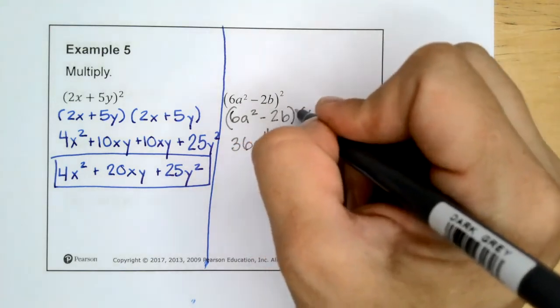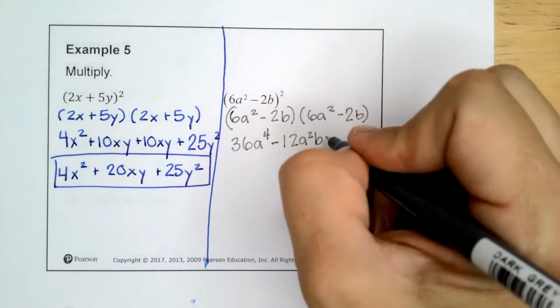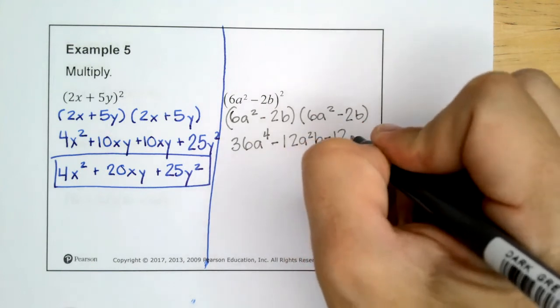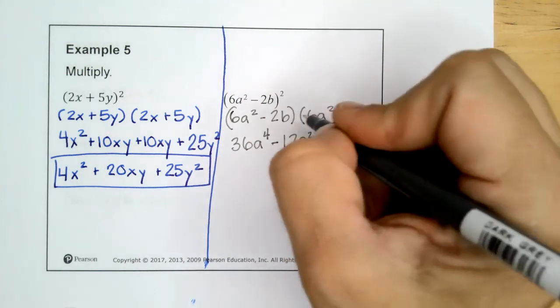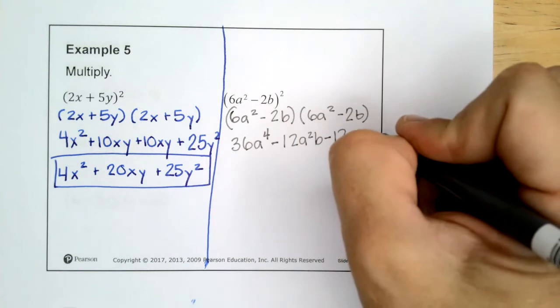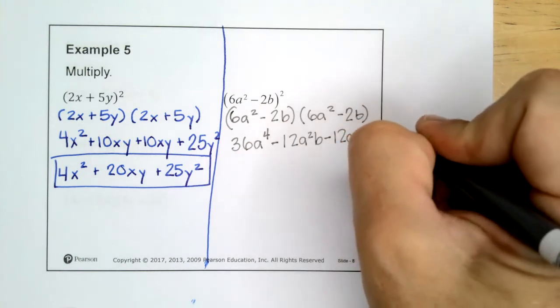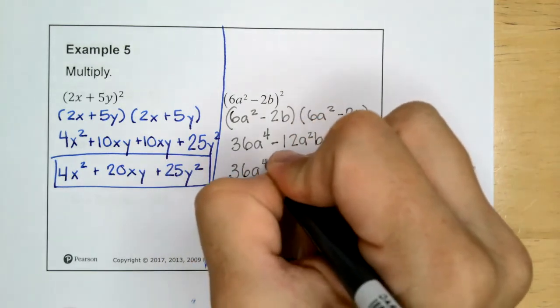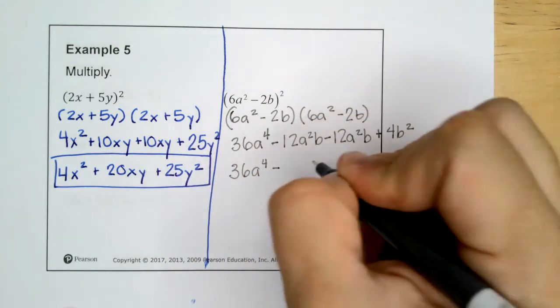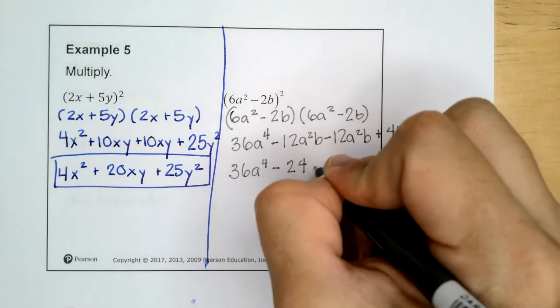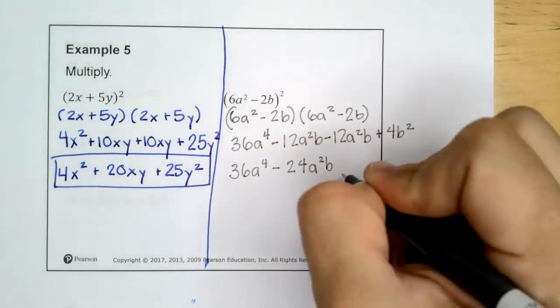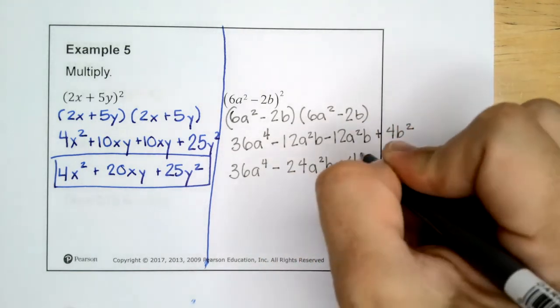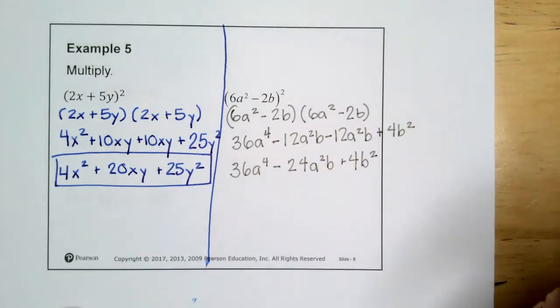Same here, negative 2b times 6a squared is negative 12a squared b. And then negative 2b times negative 2b is positive 4b squared. 36a to the 4th minus 24a squared b plus 4b squared.